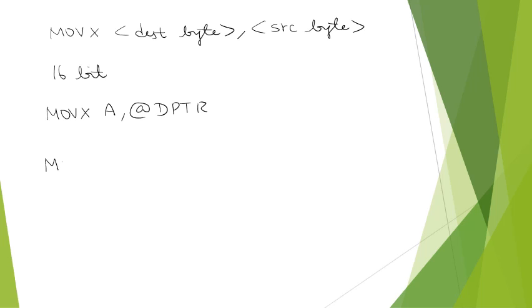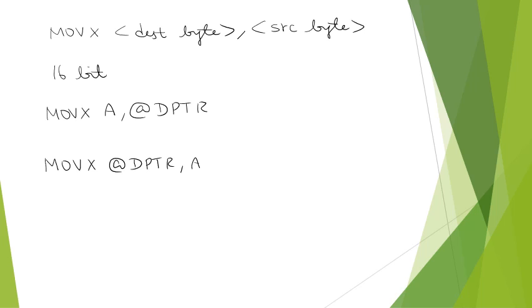Similarly, we have MOVX @DPTR, A. This instruction will move the content of the accumulator to the external memory location whose address is held by the data pointer.